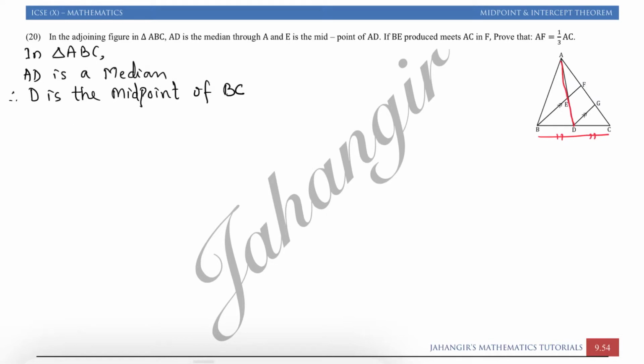So here, before starting with the proof, you have to just add a construction. We are constructing DG parallel to BF. These two lines we are constructing. So now I can say in triangle, let me shade a triangle.